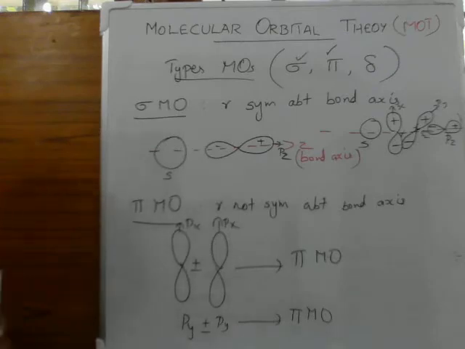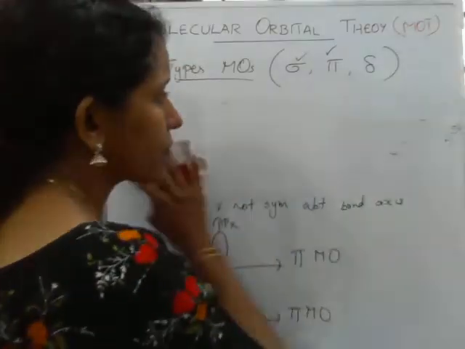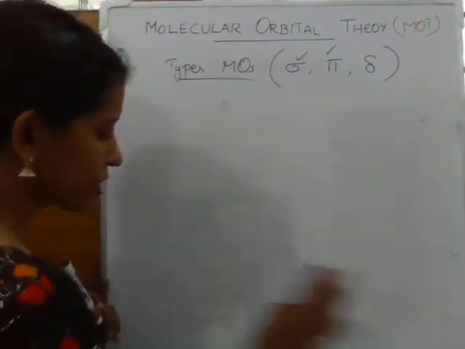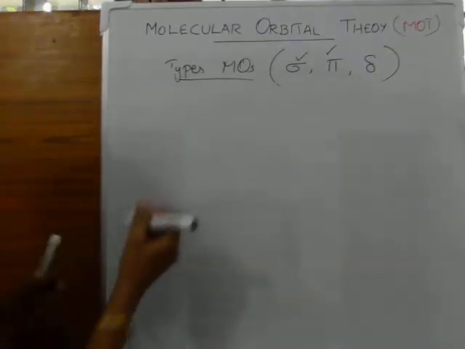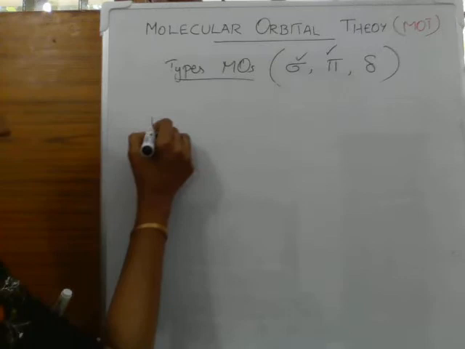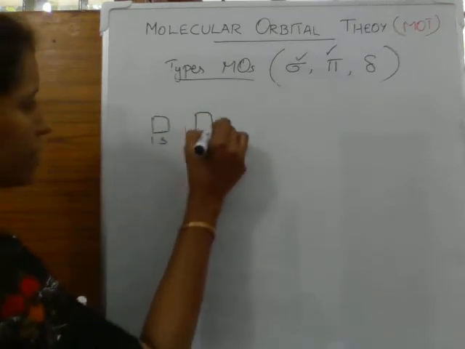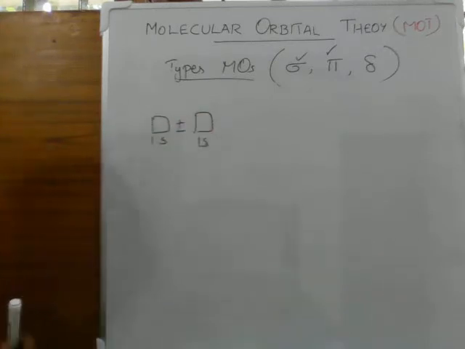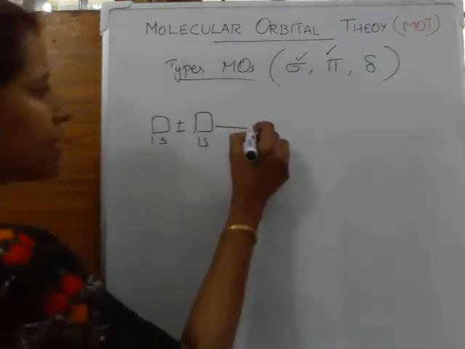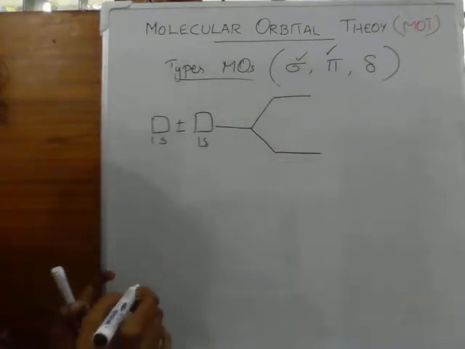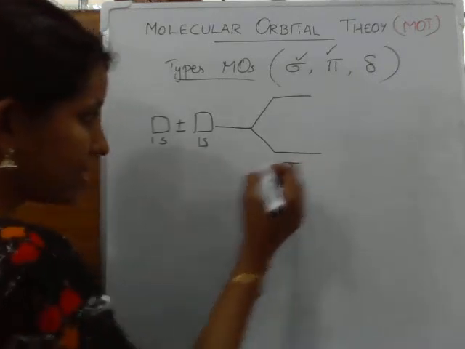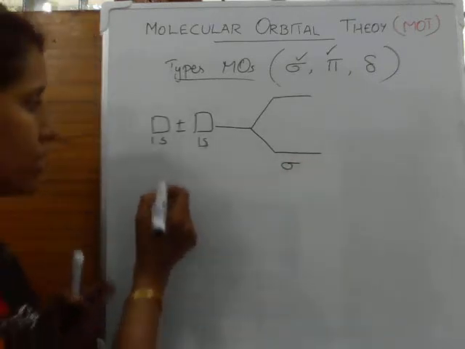Suppose we have 1s atomic orbitals. If 1s atomic orbitals are combined, that results in 2 molecular orbitals. They form sigma molecular orbitals. How to represent the sigma MO?